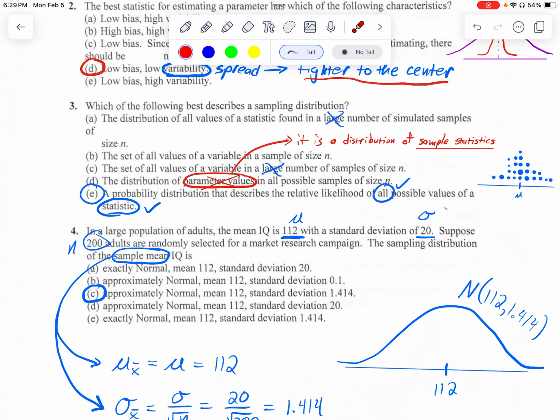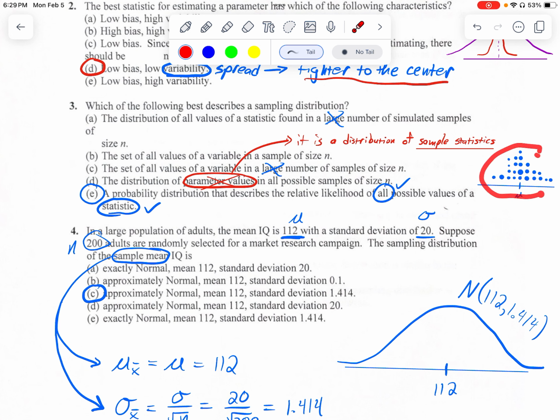Like each of you takes your own sample, gets your own statistic from that sample, and then puts your dot on the board. Technically, to be a sampling distribution, it needs to be all the possible samples listed on the dot plot. So large is good, but it's not enough. You need all of them.